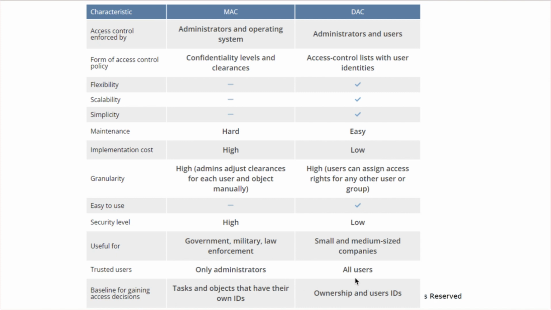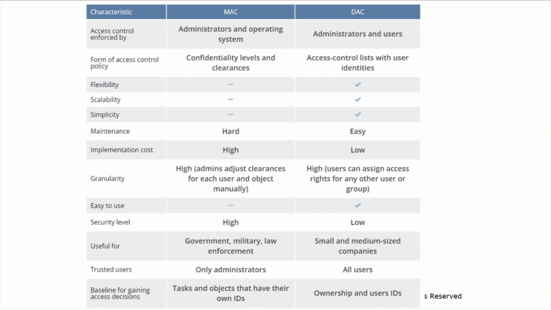In MSC there is no such thing, because the owners have no access and you cannot change that permission. Only the administrators can grant and revoke by changing the security levels.